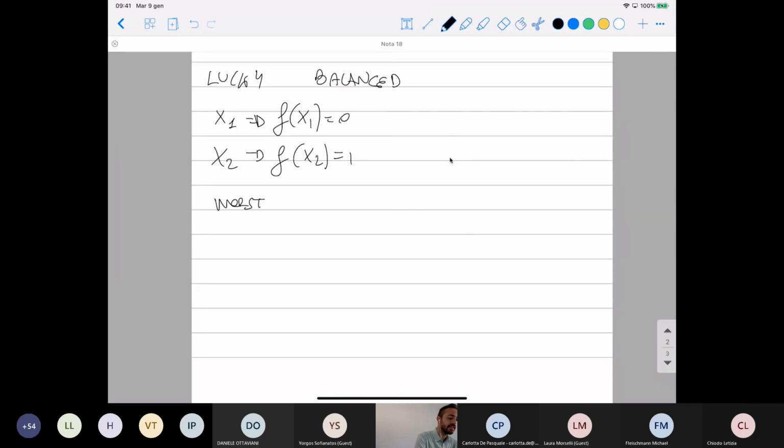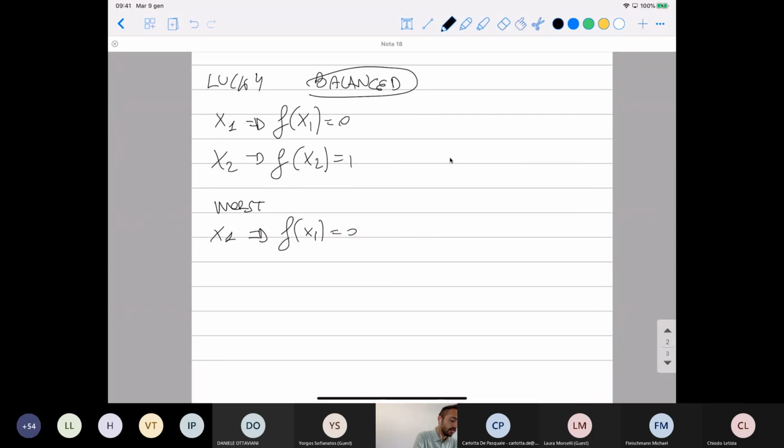The worst case, the case opposite to being extremely lucky, is when the function is balanced and x1 gives you 0, x2 gives you 0, and so on until x of 2 to the n minus 1 gives you 0.